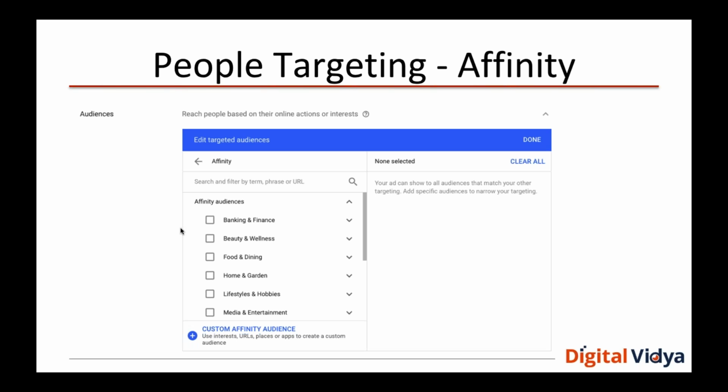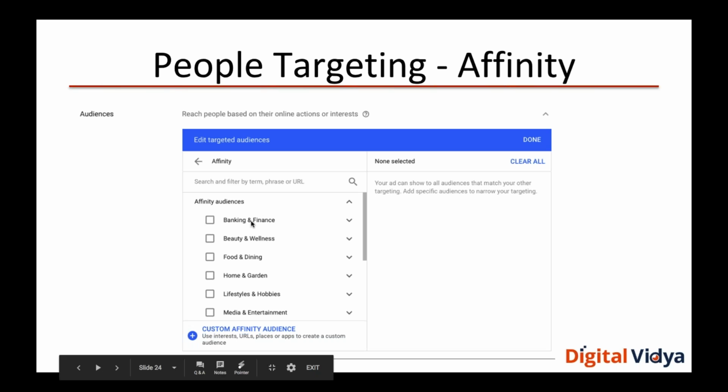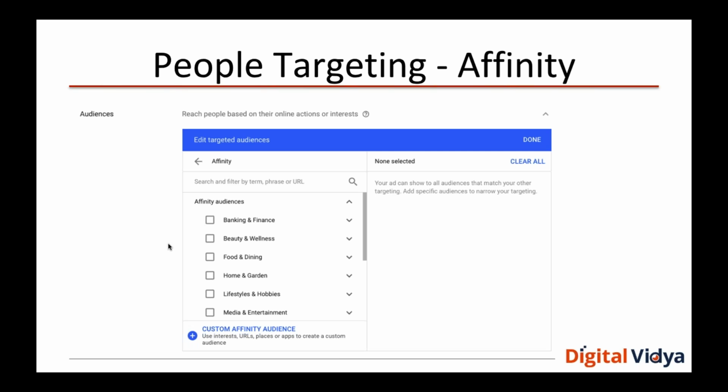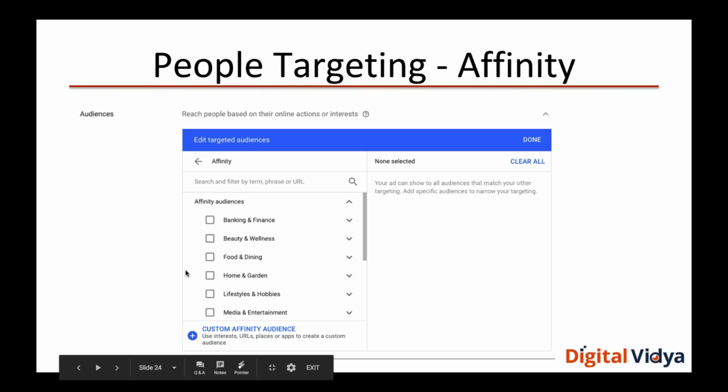Okay, so one more thing, sometimes you may not get an appropriate affinity audience. In that case, you can create one. That's why there is this custom affinity audience. For example, when I created a campaign for tarot reading, I didn't find any affinity audience which exactly matched my audience. So I clicked on custom affinity audience and I gave some website URLs of very popular tarot websites.